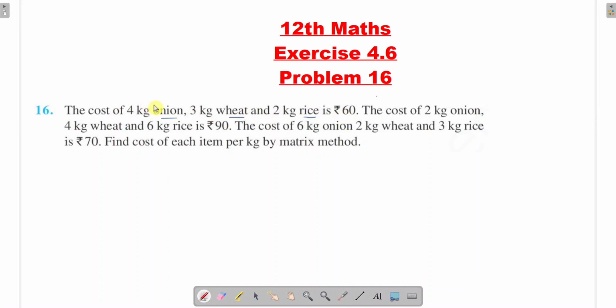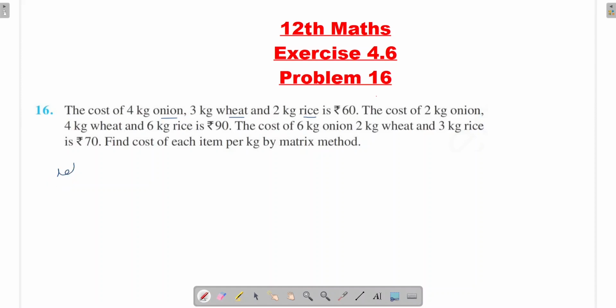So if you take the price of onion as x per kg, that means 4x, and the cost of wheat as y per kg and cost of rice as z, what you will get is 4x plus 3y plus 2z equal to 60. Similarly, for the second and third sentences also you will get equations. So what we have to do first is let some quantities here.